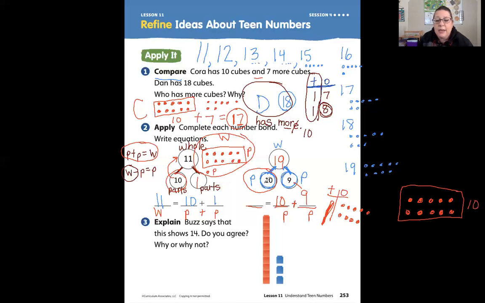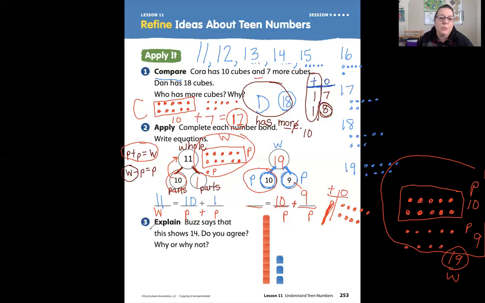And then 10 was a part, so I'll label that a part, and 9 more ones. 1, 2, 3, 4, 5, new line, 6, 7, 8, 9, and 9 ones. 9 is also a part. So 10, 11, 12, 13, 14, 15, 16, 17, 18, 19 is the whole. The whole is all of it together.